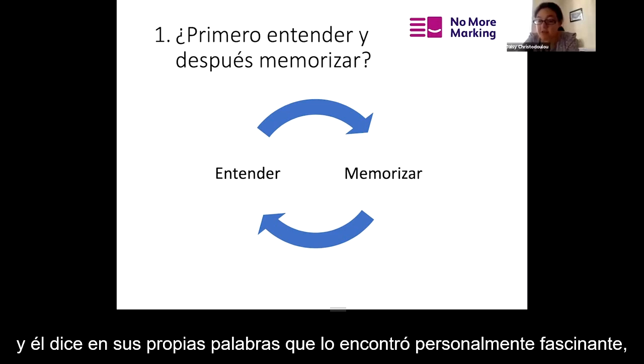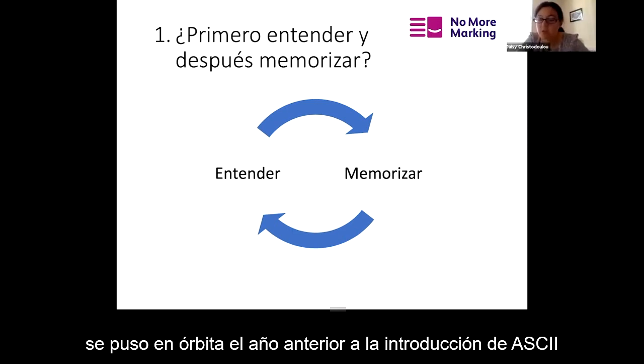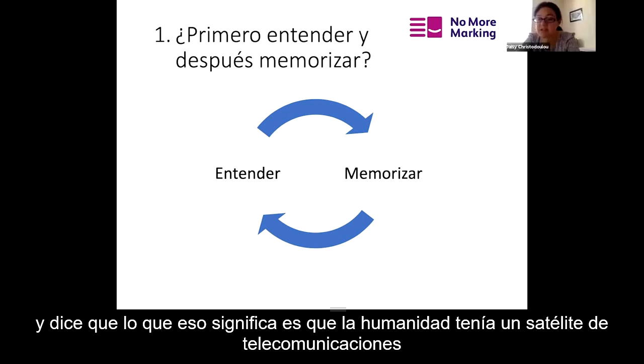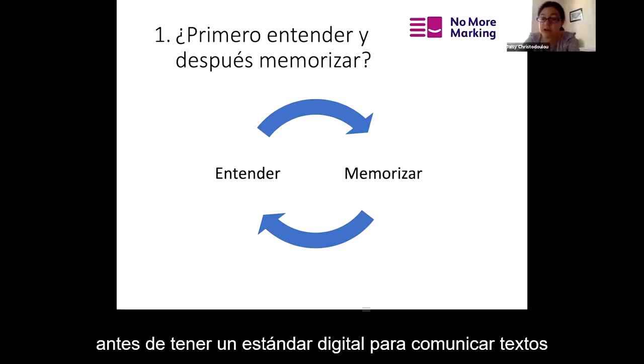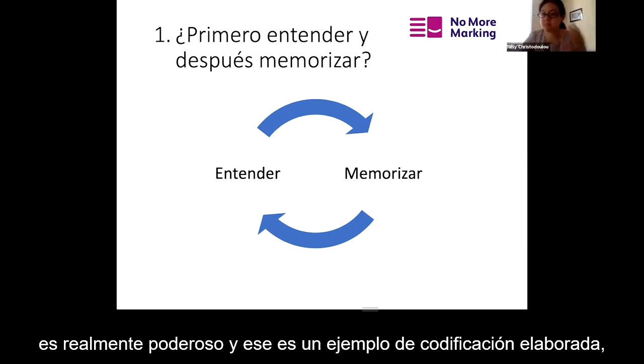And these are his own words, he said, I personally find it fascinating that the communications satellite, Telstar, was put into orbit the year before the introduction of ASCII, which is the first modern digital standard for communicating text. And he says, so what that means is humanity had a telecommunications satellite before it had a digital standard for communicating text. And in his words, finding that kind of connection is really powerful.